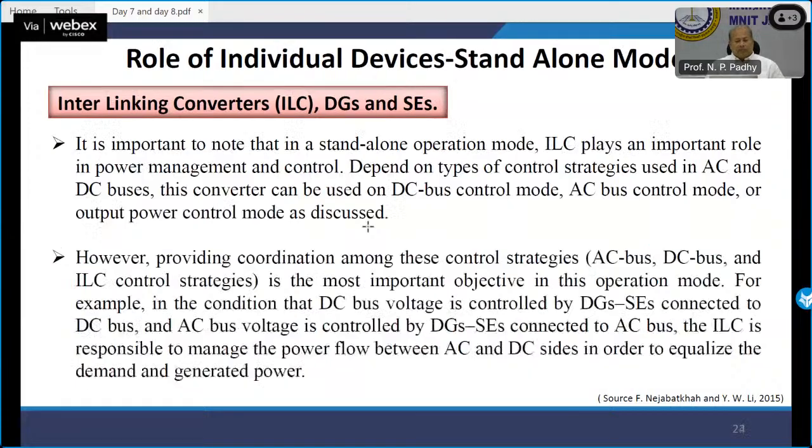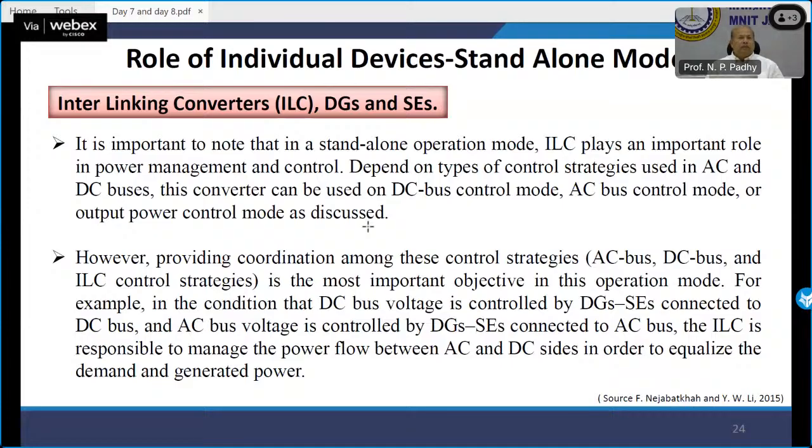It is quite important to note, all of you please take a note also if possible, that in a standalone operation mode, the ILC plays an important role in power management and control, depending on the type of control strategies used in the AC and DC buses.